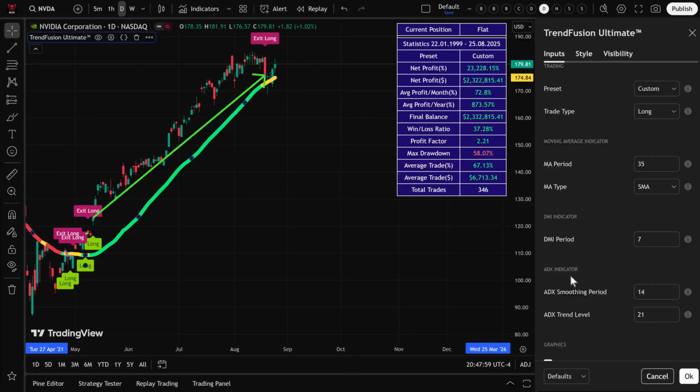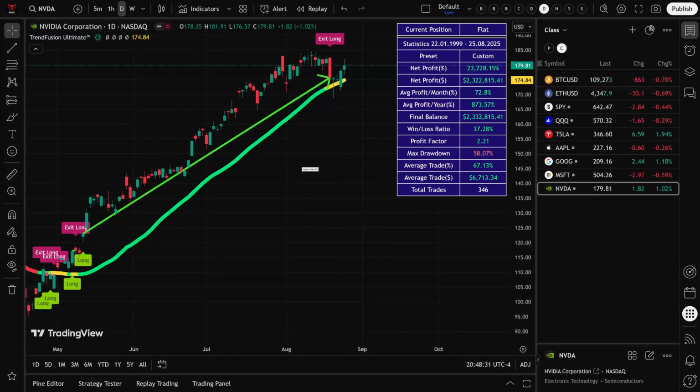You get crystal clear long and exit long signals right on your chart. And here is the best part. You see your results in real time. Win rate, profit factor, total trades, everything you need to know if your optimization is working. You can see live backtest performance in this statistics table on the chart.